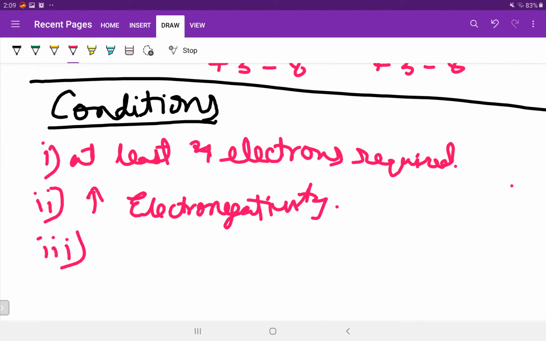Third, high electron affinity. Fourth, high ionization potential.